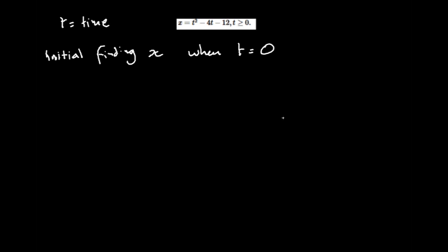It's before we start, so we're just using t equals 0. Work that out, we get x is minus 12. That just means that we're 12 units to the left of the origin. Just remember that for our negative sign.